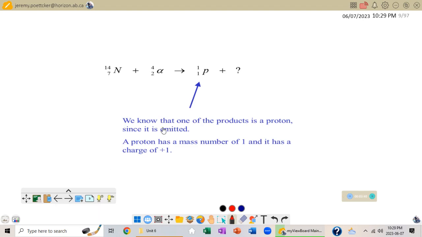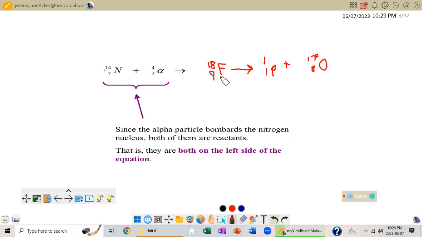Normally, you can see I wrote in this intermediate. Normally, you don't have to write the intermediate unless it's asking for every step. Normally, it's going to be, here's what we started with, here's what we end up with. You're generally going to be told enough reaction information that you don't have to work out that 14 plus 4 is 18, 7 plus 2 is 9, and away we go.